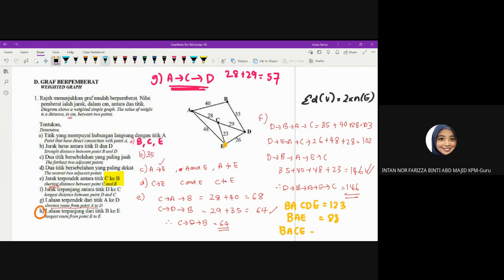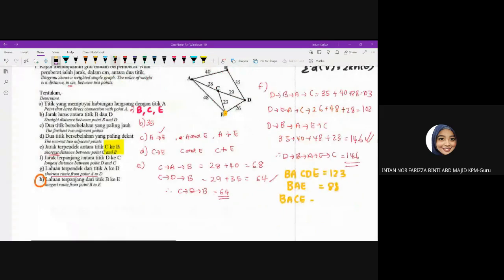I cannot write. Okay, dia dah penat dah tu. Okay, so BDCAE. What is BDCAE? Can someone give me the answer? BDCAE. Can you tell me what is the total? Boleh tak? BACE, 40 plus 28 plus 23, total is 91.